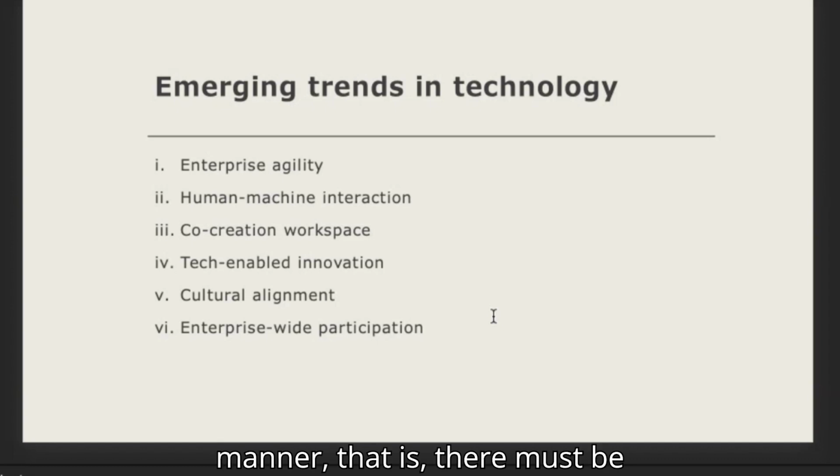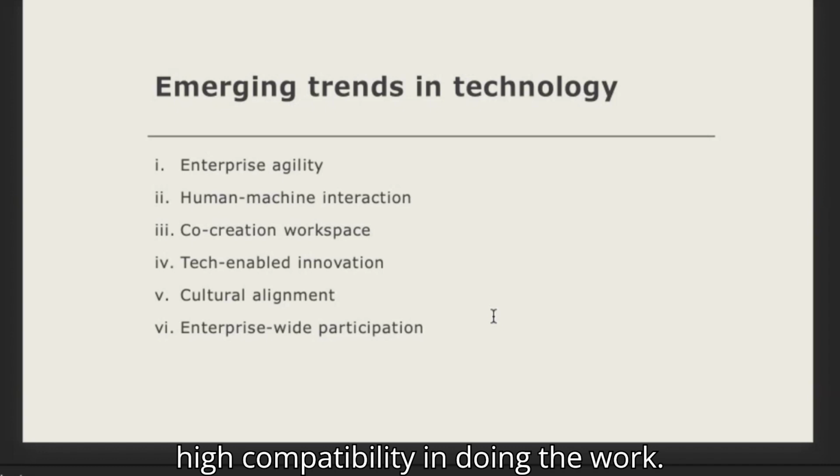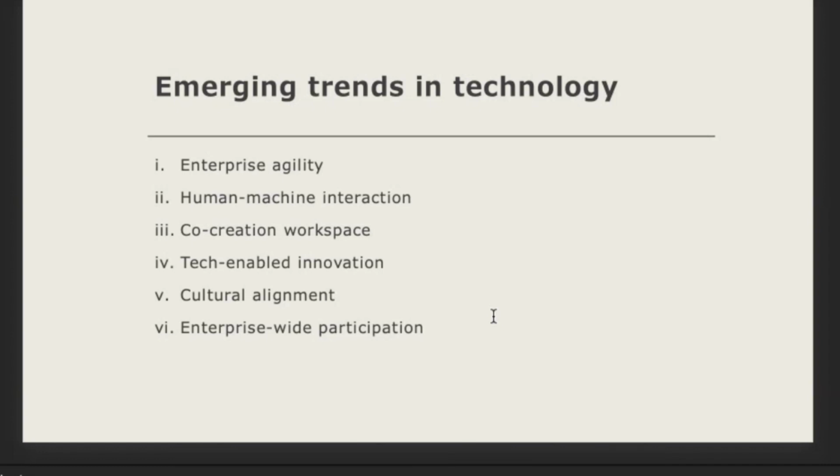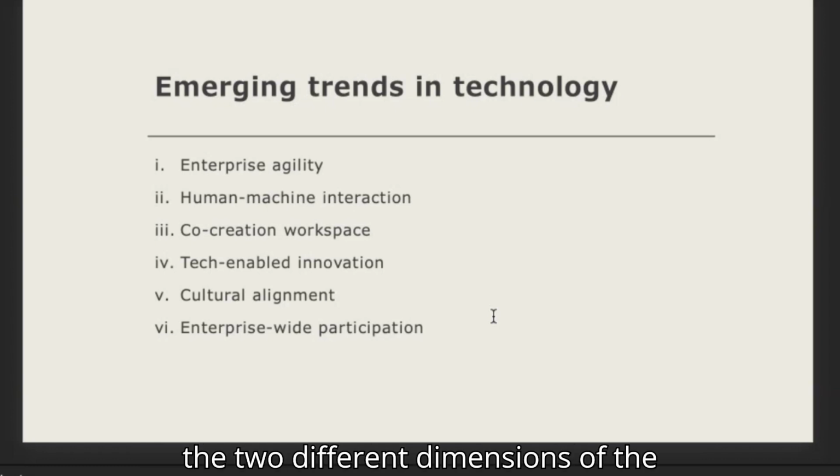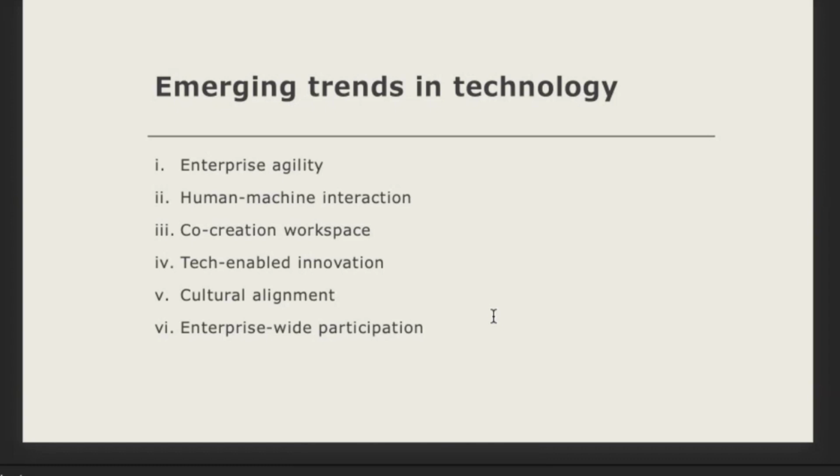That is, there must be high compatibility in doing the work. The business and technological functions, the two different dimensions of the organization, must have the agility to function together.